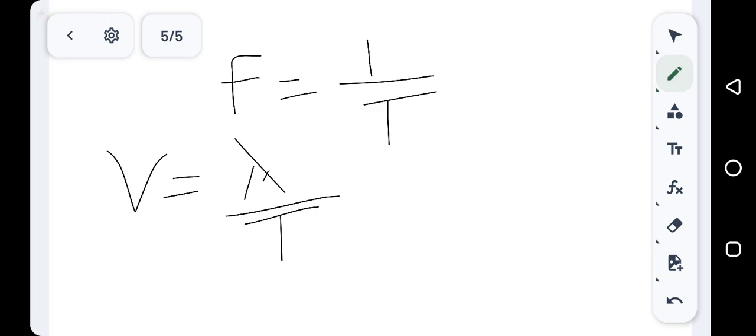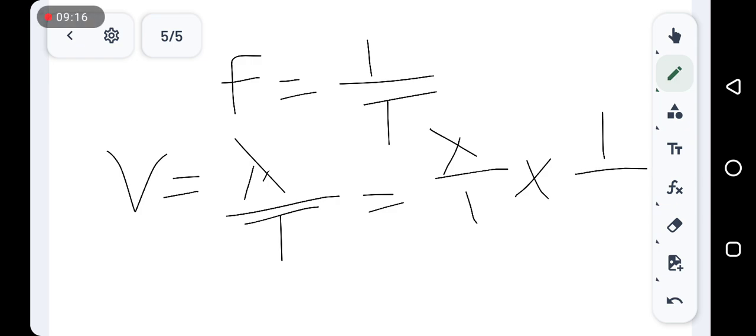this equation can be broken up into its components. It is the same thing as lambda over 1 multiplied by 1 over T. If you multiply these two things, it will give you this.